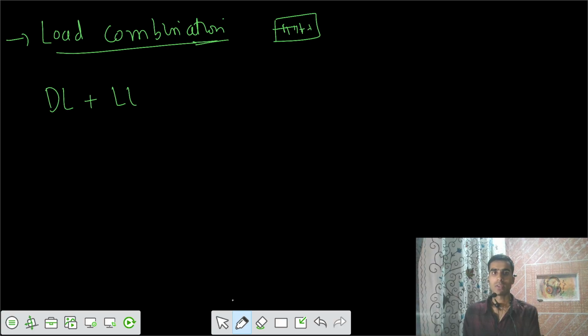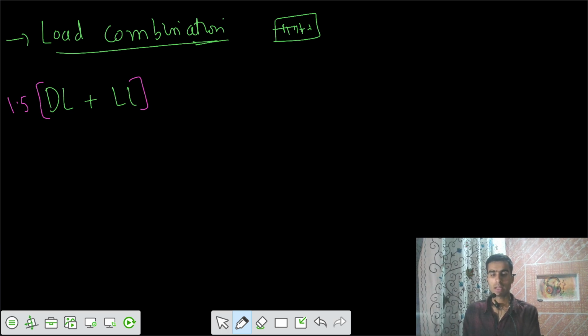So this is your dead load plus live load combination, and for both we apply a partial safety factor of 1.5. So this is our first load combination, and we apply this factor of 1.5 times that.